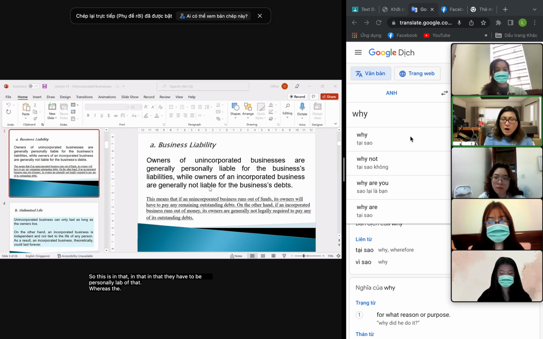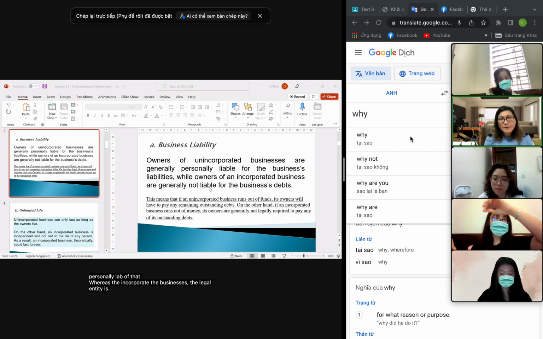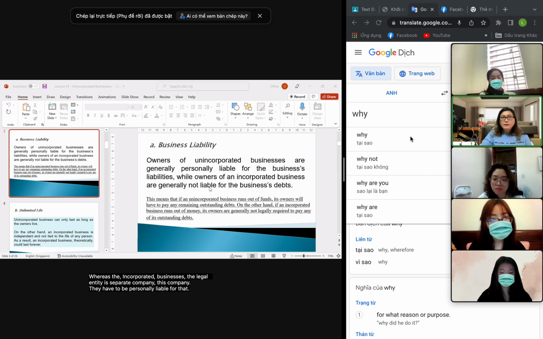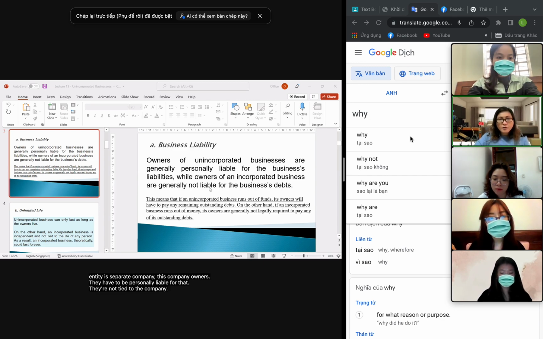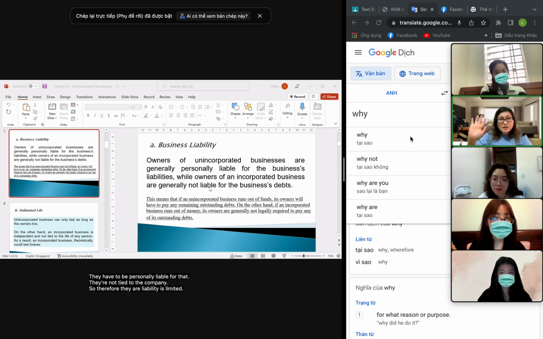Whereas for incorporated businesses, the legal entity is separate. Company is company. The owners are not tied to the company. So their liability is limited. They just lose whatever money they have invested into the company.